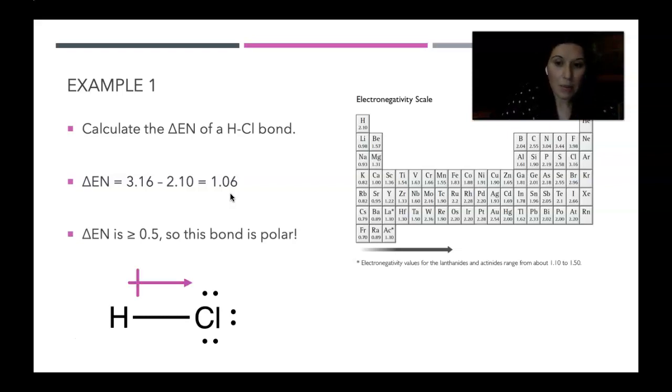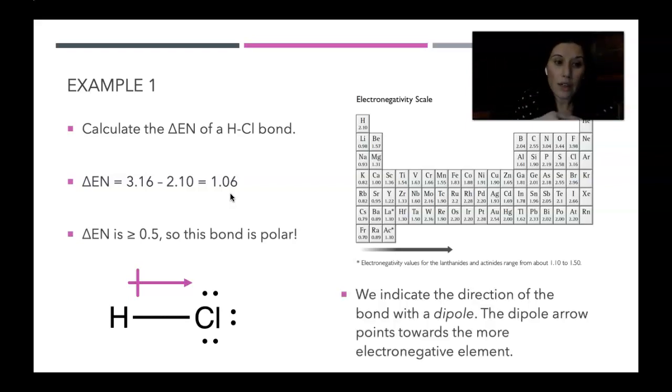This dipole looks like I draw a plus sign and then the arrow. The arrow is pointing towards the more electronegative element, and you'll notice the plus sign is on the more electropositive element. It's on the hydrogen. The arrow is always pointing towards the direction that the electronegativity is being pulled. That's how I kind of imagine it.